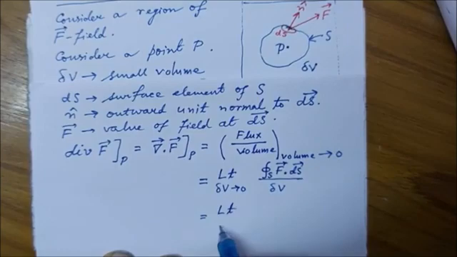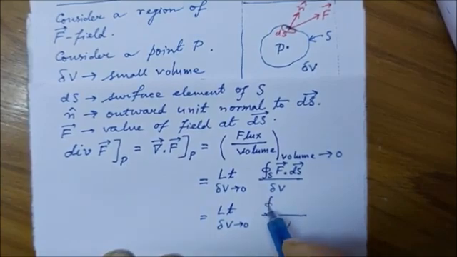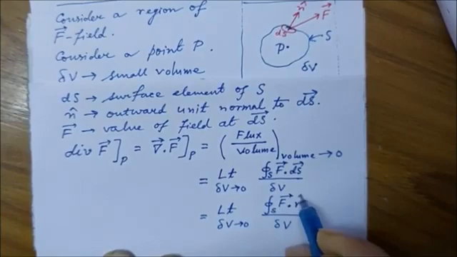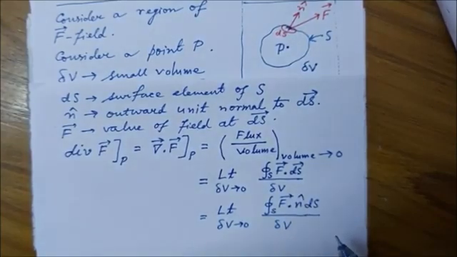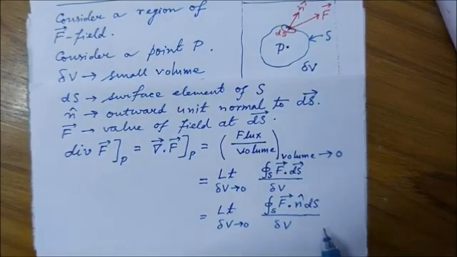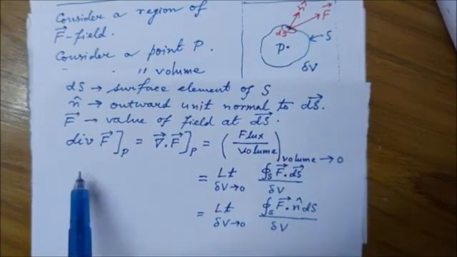The same thing. We have thus defined what we mean by divergence of vector f at the point P. We will now come to the physical significance of what we defined.